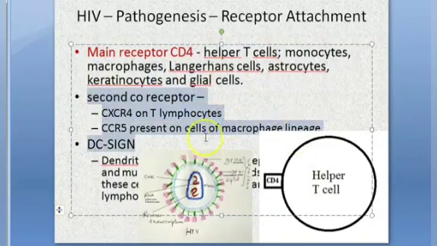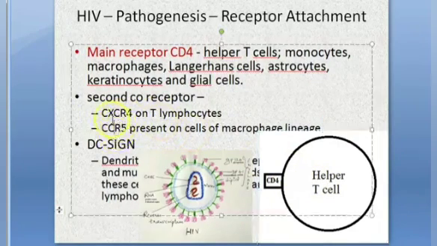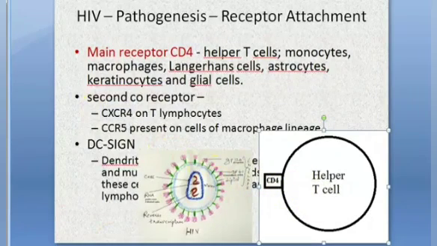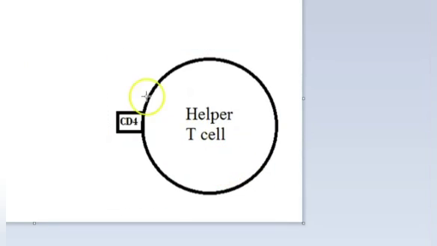Then there is a co-receptor on T lymphocytes. You should have one more receptor here, CXCR4, okay, CXCR4 on T lymphocytes. Wait, we'll draw that also. Bring this diagram here, which is the other receptor, the secondary one, CXCR4, on the T helper cell.